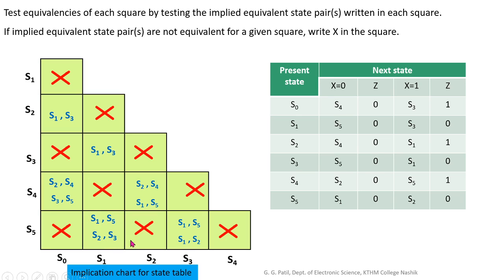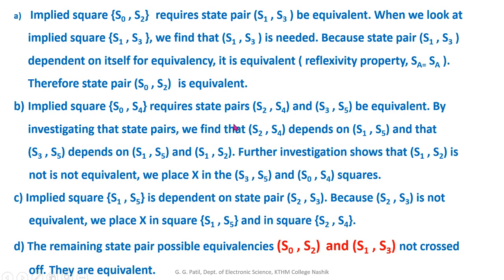So S1 S5 will get crossed, and where S1 S5 is present, this one square also gets crossed. And since S3 S5 square gets crossed, this will also get crossed. So all the remaining 8 squares excluding S0 S2 and S1 S3 will get crossed. So the uncrossed state pairs show equivalent states.